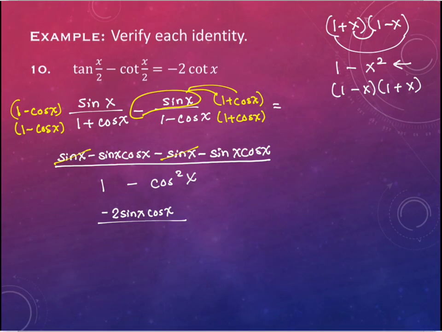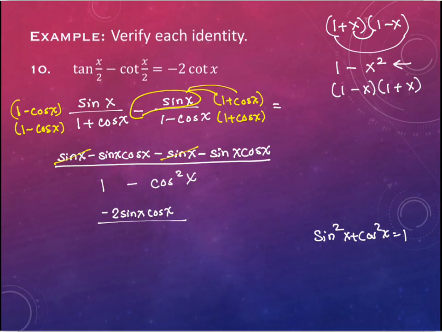It is, but I'm thinking in terms of an identity. What other identity could we use here? Do you know, Reese? Not sure? The Pythagorean identity. Very good, JC. So there's a Pythagorean identity that says sine squared plus cosine squared equals 1. Y'all remember that one? Yeah?